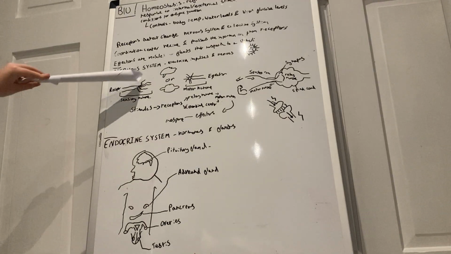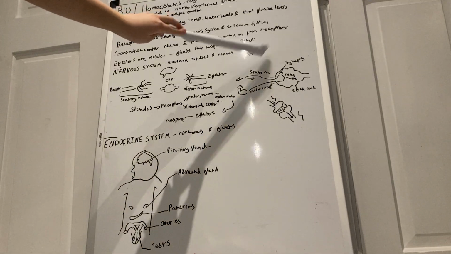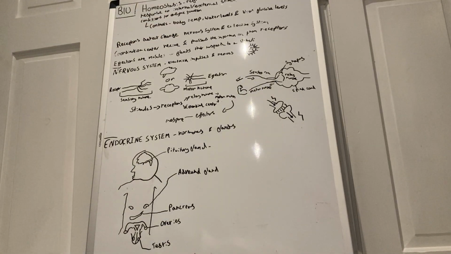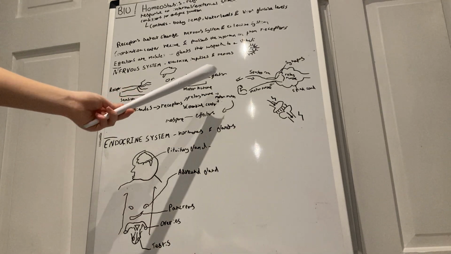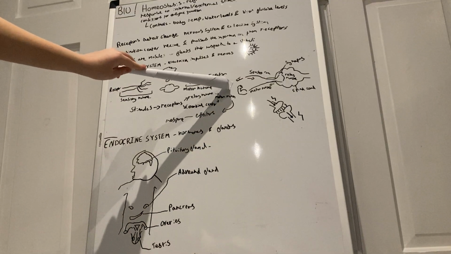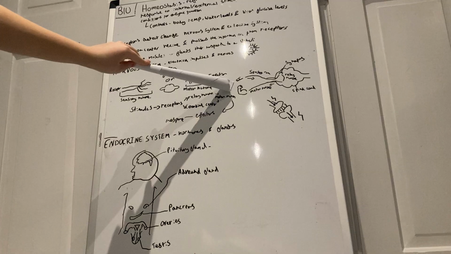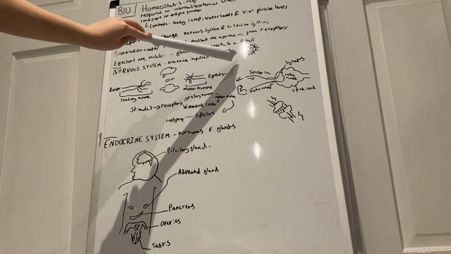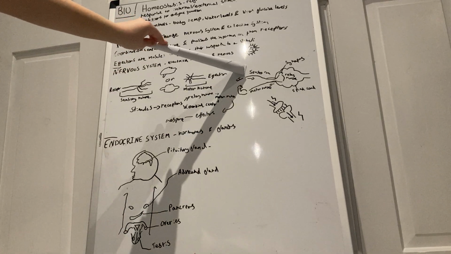Another nervous system function are reflexes. Now reflexes are designed to keep us from harm, right? So for example, if you're touching a hot pan and your finger detects the hotness, and this is your receptors in this case, and it turns it to the sensory neuron.